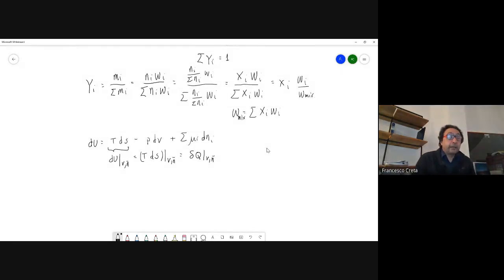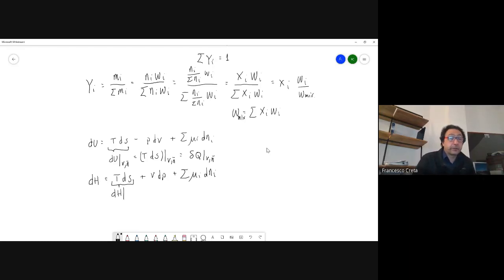The same thing can be done with enthalpy, because you still have a TdS here plus VdP plus your chemical potentials. So this is the part of the variation of enthalpy that you carry out at constant pressure.